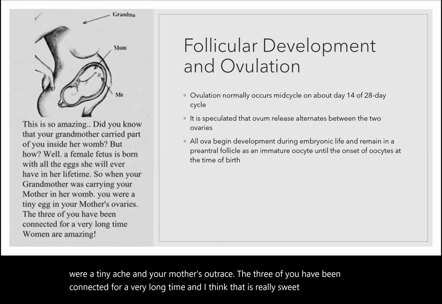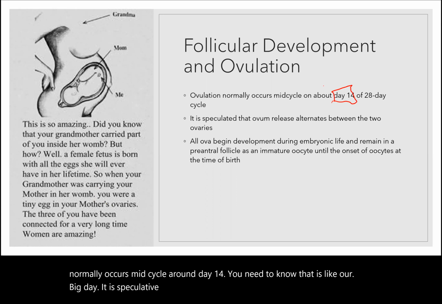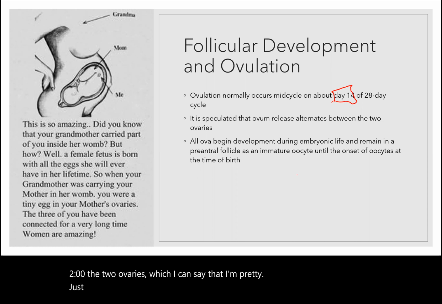So ovulation normally occurs mid-cycle around day 14. You need to know that is like our big day. It is speculated that the ovum release alternates between the two ovaries, which I can say I'm pretty sure does happen, being able to scan people or scan myself.